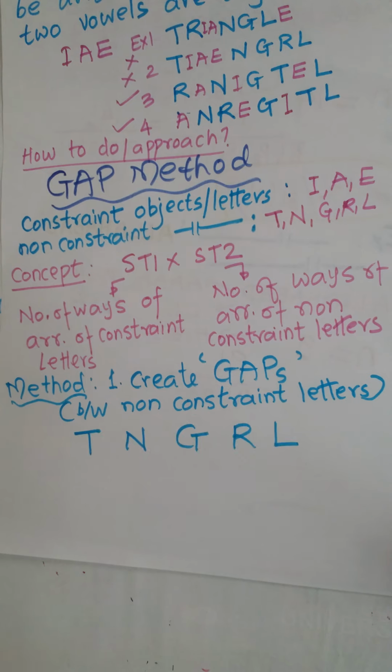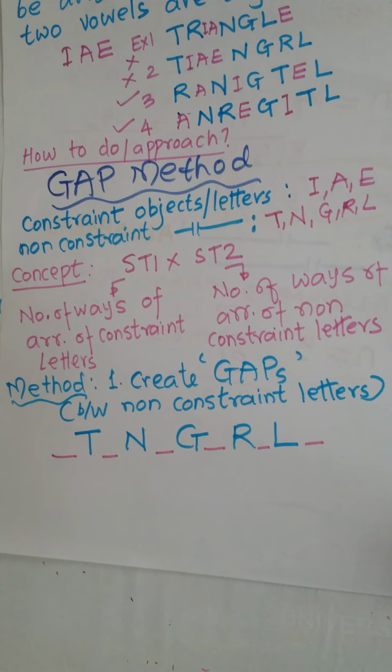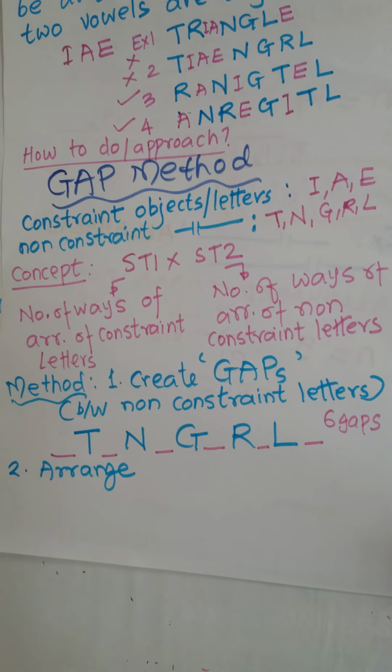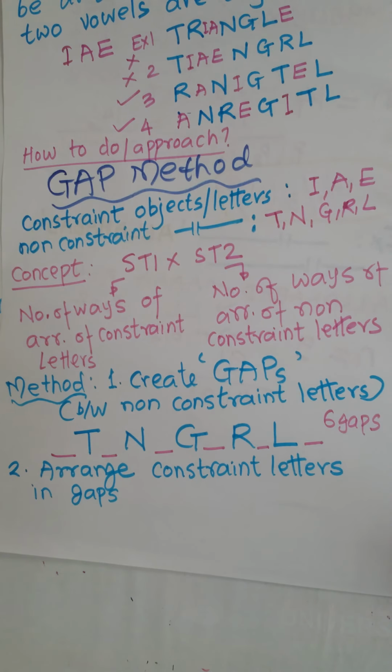That's the first step. So these are non-constraint letters, and now we will create gaps between these 5 on both sides, like this. So there are 5 elements. How many gaps are created? Yes, there are 6 gaps created. The next step is to arrange constraint letters in gaps.